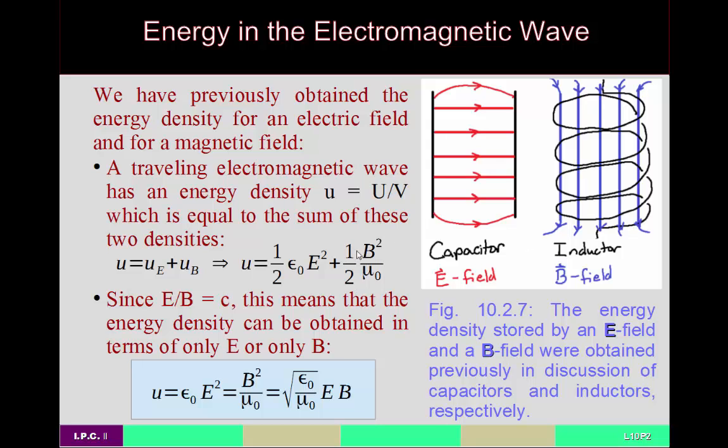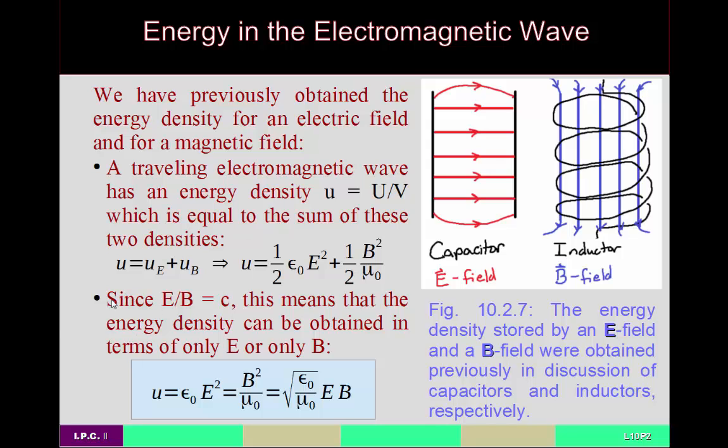And in the inductor, it was 1/2 of the B field strength squared divided by the permeability of free space. So the total energy density, if you have somehow both a capacitor and an inductor, would be the sum of these two terms. Well, it turns out that that's basically how you get the energy density for a traveling electromagnetic wave. Again, energy density is total energy divided by volume.